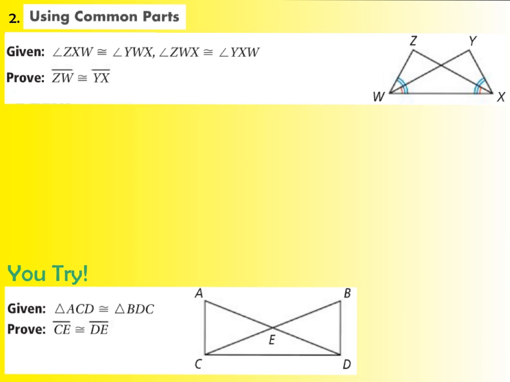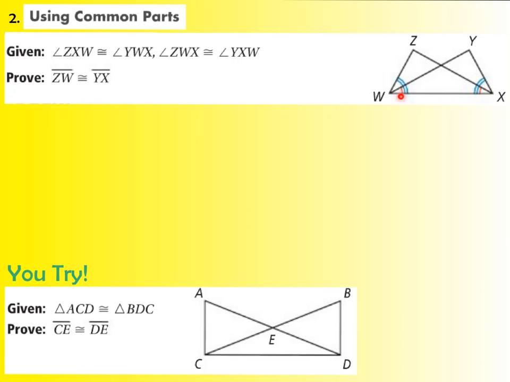Alright, so now we have a proof, and we want to use common parts to make it easier. So we know a few things. We know that angle ZXW, this angle, is congruent to angle YWX.